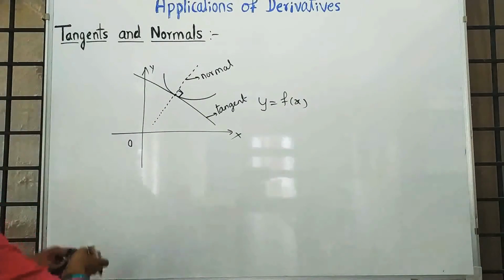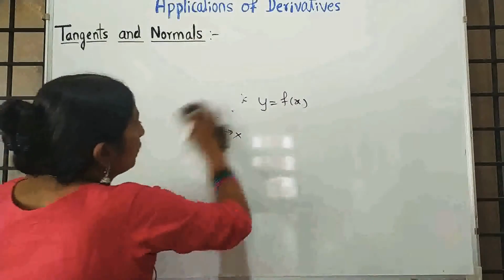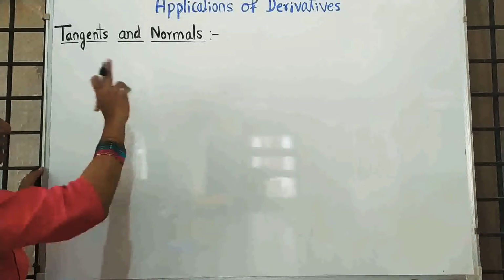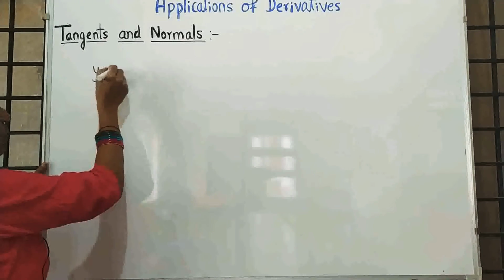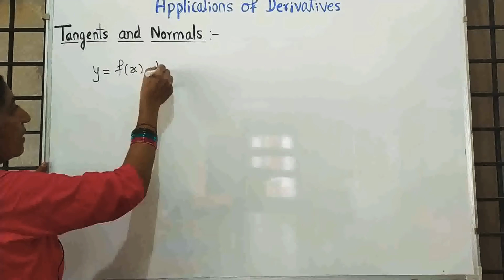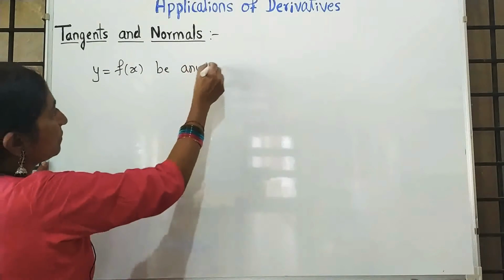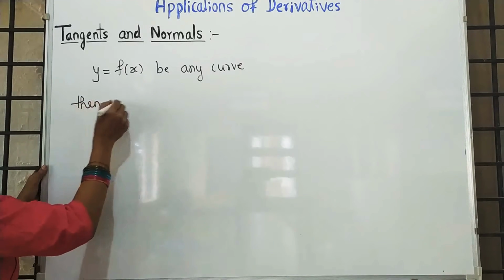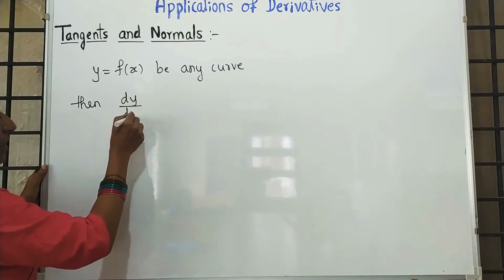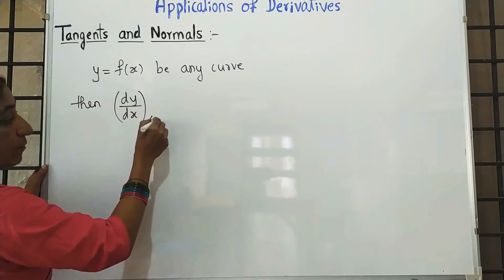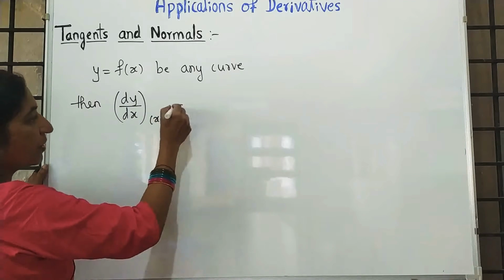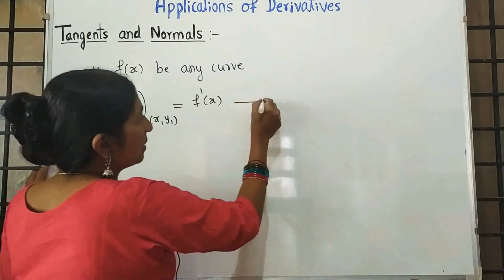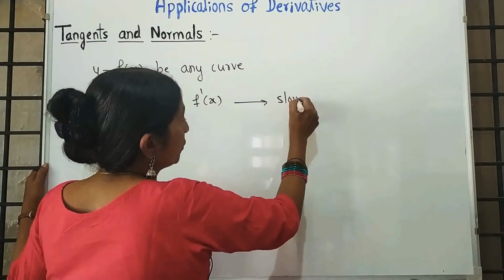Now I am giving you the basic formulas: how to find a tangent and normal with the help of derivatives. See, y is equal to f of x be any curve, then dy upon dx at the point of contact x1, y1, which is f dash of x, is called the slope of the tangent.